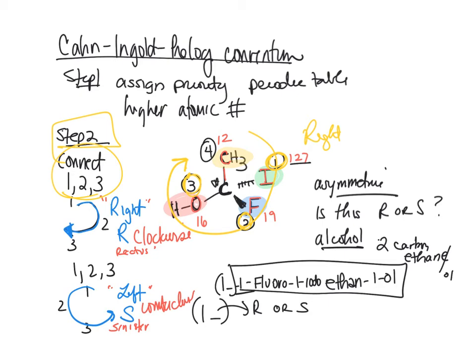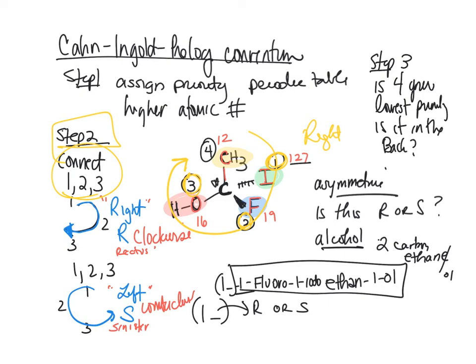Now, step number 3. We've assigned priorities. We've decided whether it's clockwise or counterclockwise. Step 3 is for your lowest priority. Is it in the back?